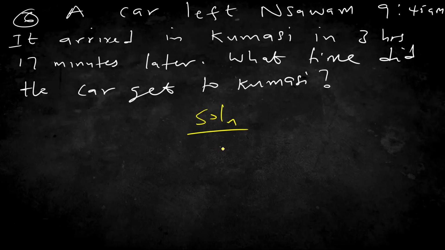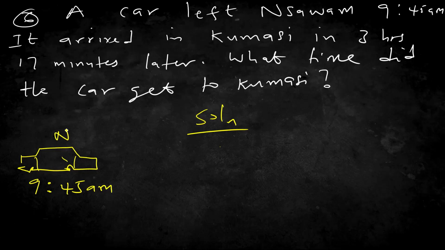So very simple. There's the car. The car started at 9:45 a.m. This one is from Sawam to Kumasi.